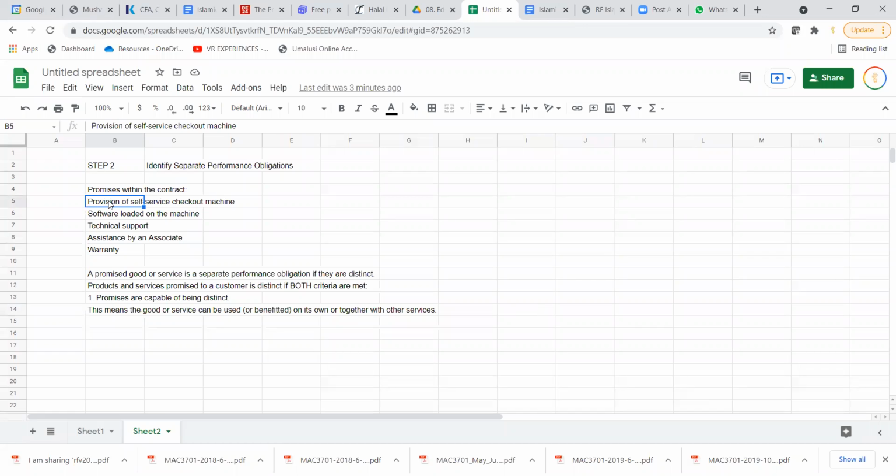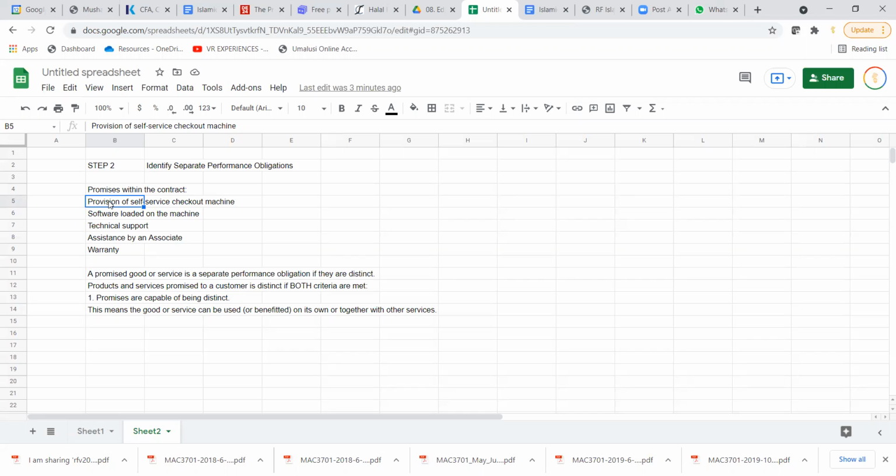So remember the provision of the self-service checkout machine, it is capable of being distinct because Gibela sells a machine on its own, and a customer can just buy the machine from Gibela and then buy software from another entity.